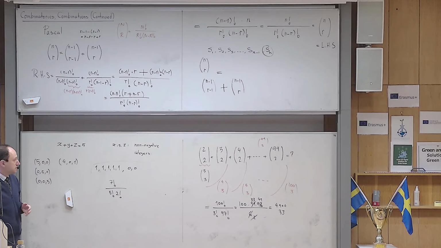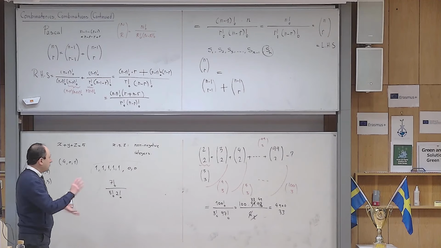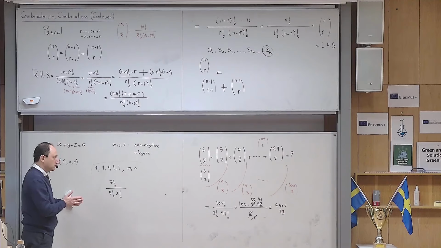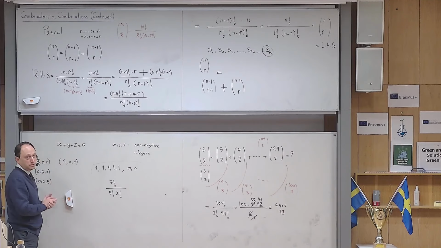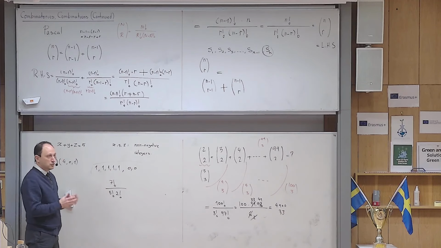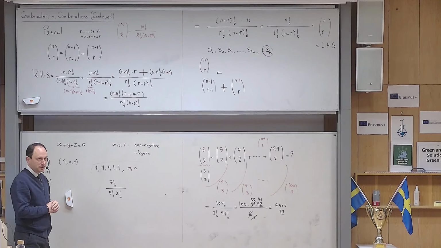So why do you expect the number of ways that I can arrange 5 ones and 2 zeros has something to do with the number of solutions of this equation? To guide you, you might get a feeling why I chose 5 ones and 2 zeros.